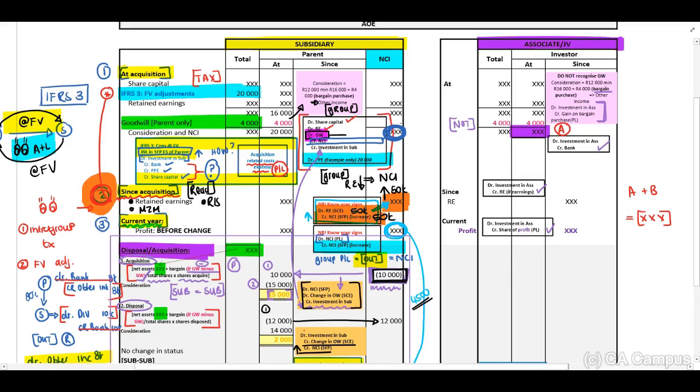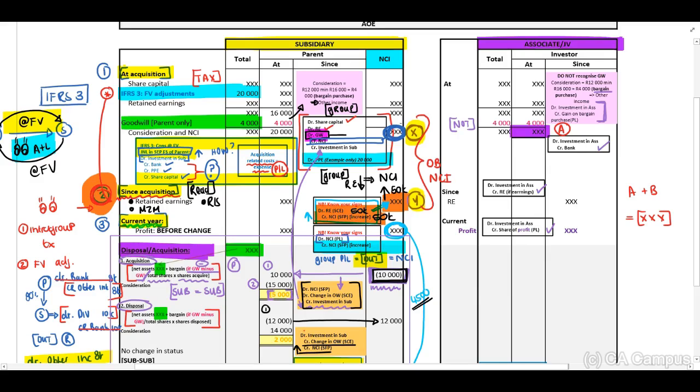NCI. Let's call this X. Guys, do you see this X? Where we credit our NCI, that total, X, and let's call our since period Y. The total of X plus Y will be the total of our opening balance of our NCI.